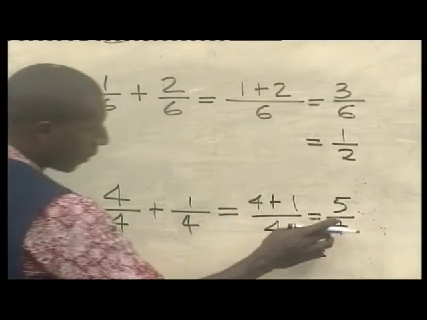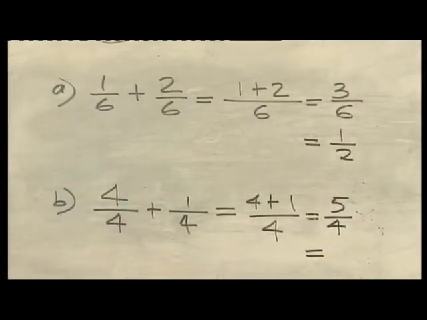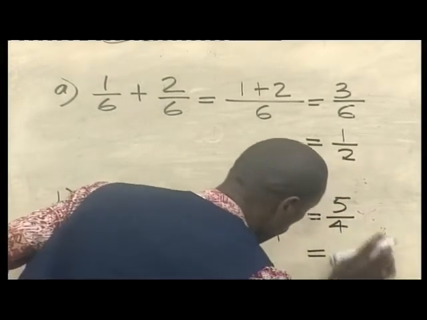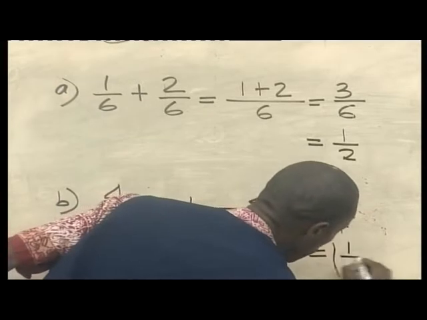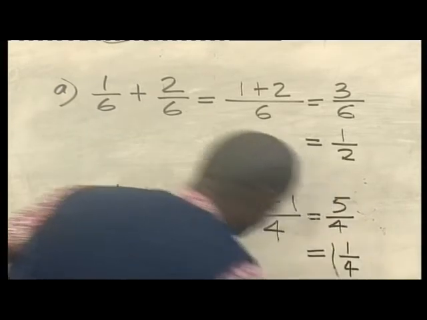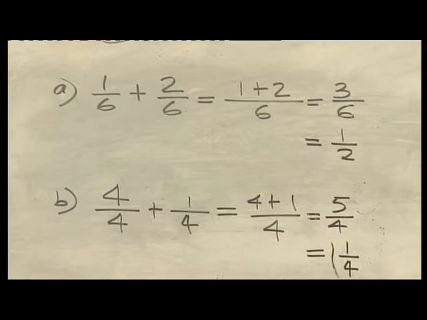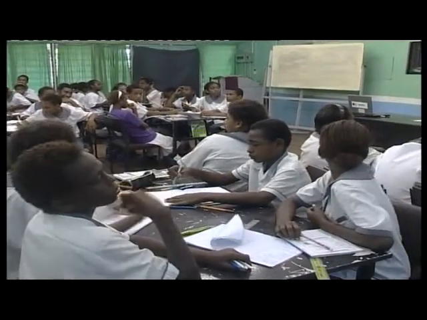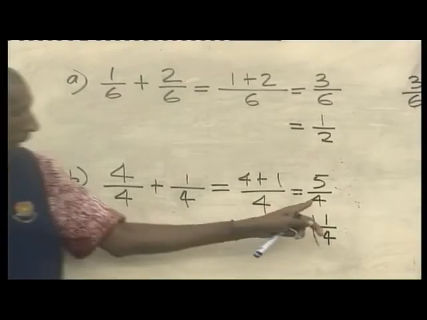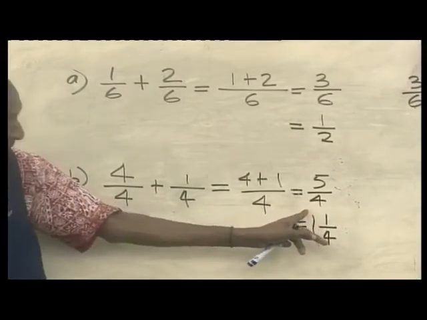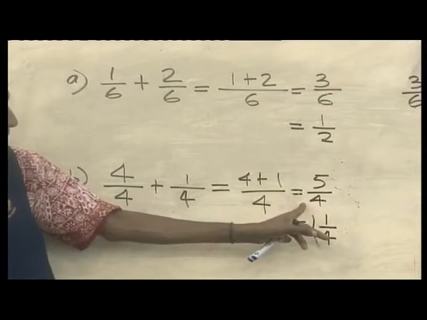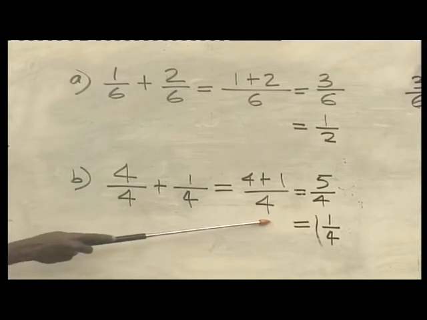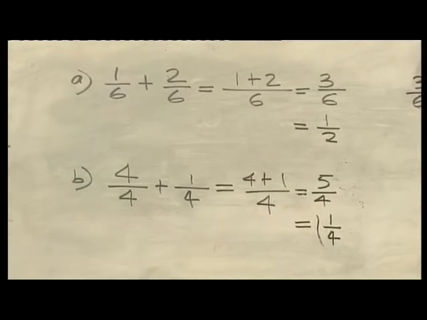The improper fraction 5 over 4 is equal to 1 and 1 quarter. So class, the mixed number of this fraction here is 1 and 1 quarter.